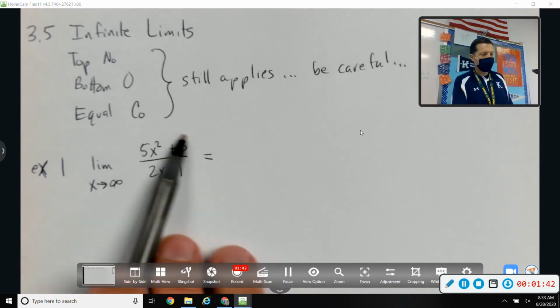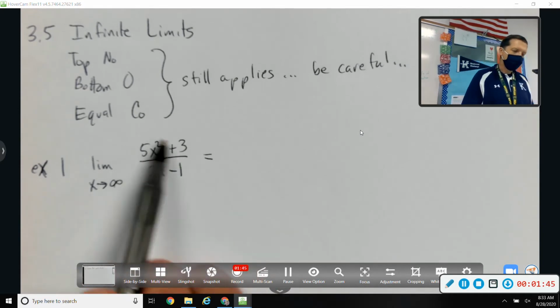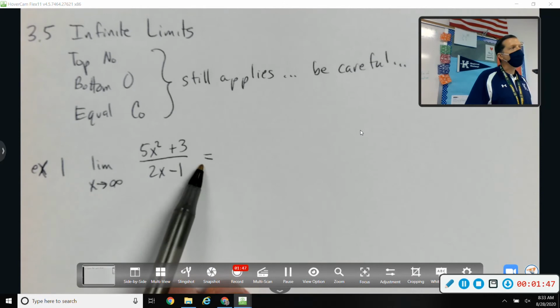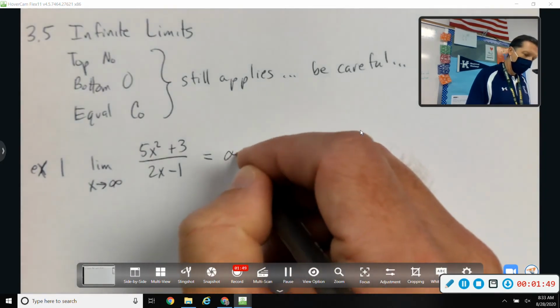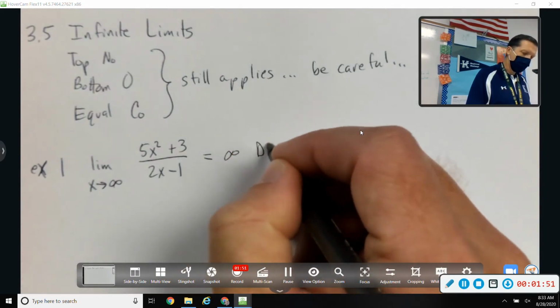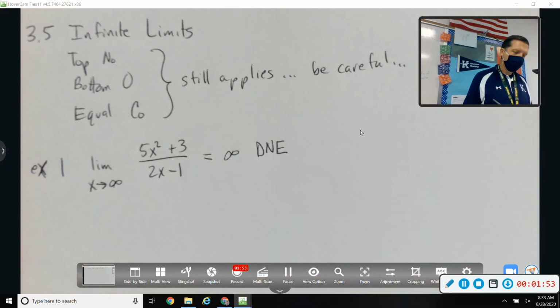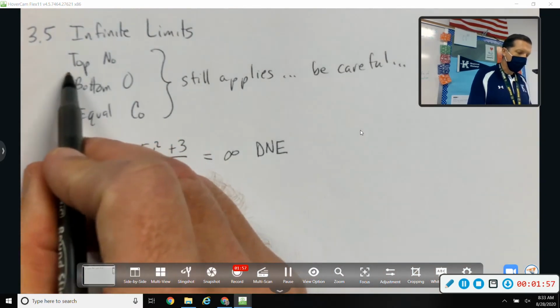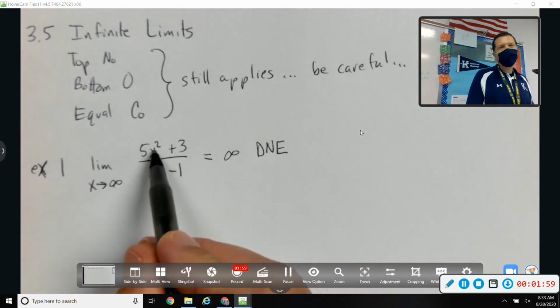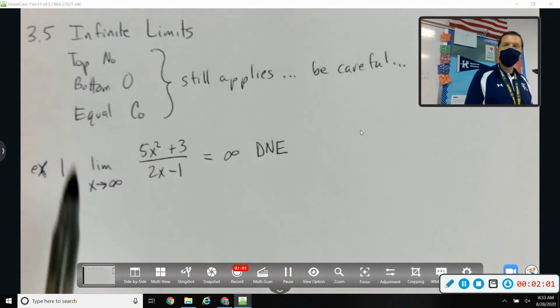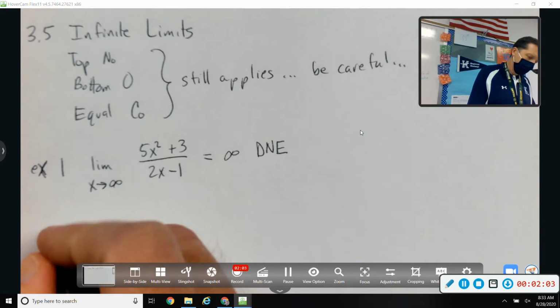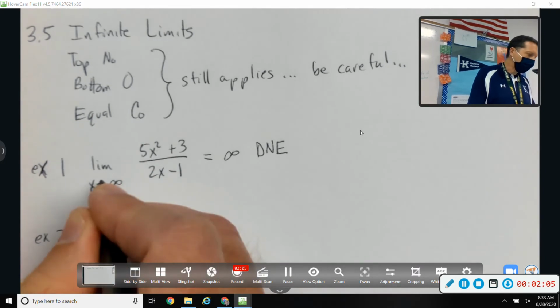So the top is getting bigger than the bottom, so there's not going to be a limit here. This is going to go to infinity, which means the limit doesn't exist. If you're just thinking shortcut, then right away the top degree is bigger, so it's a top no problem. So we've seen that one before.